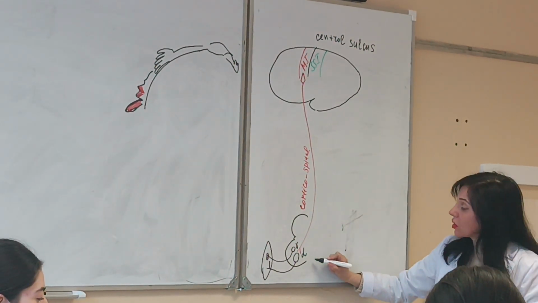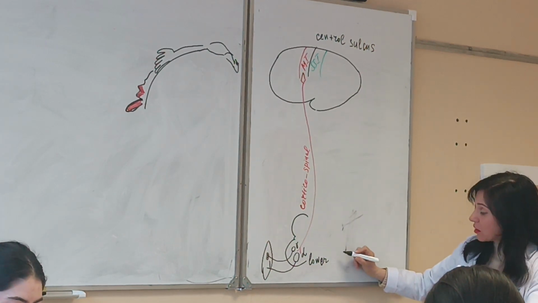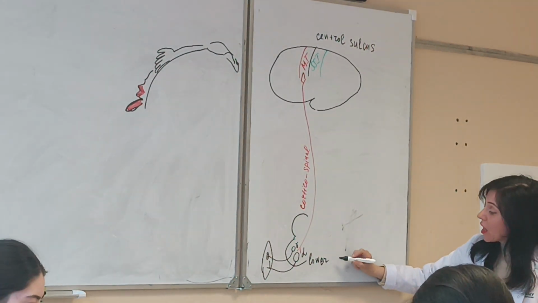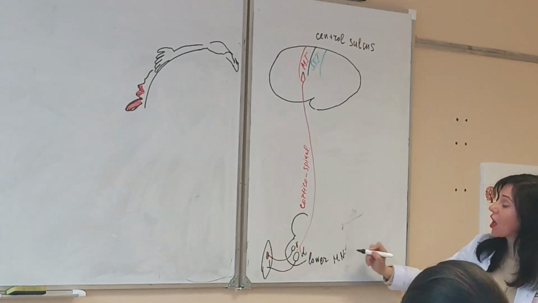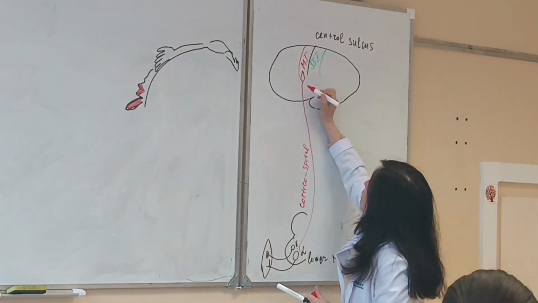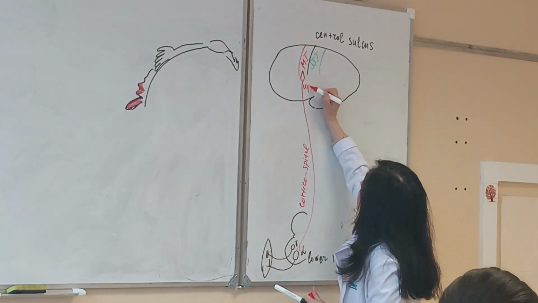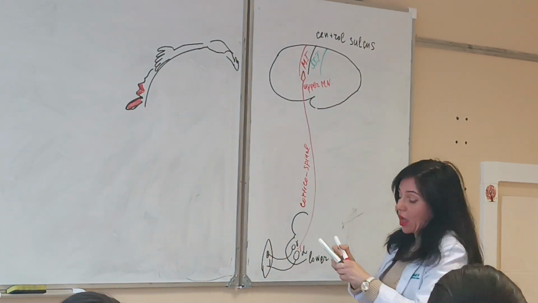The lowest part is called the lower motor neuron, because it's lower, it's down. And the motor cortex is the upper motor neuron.